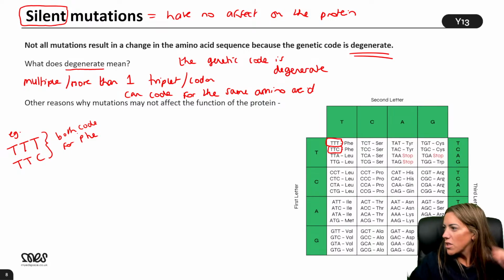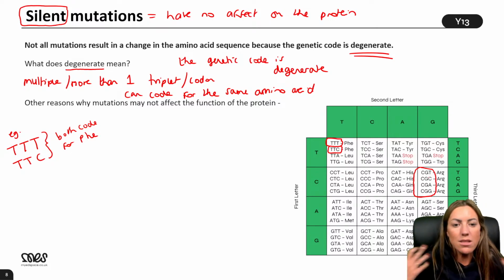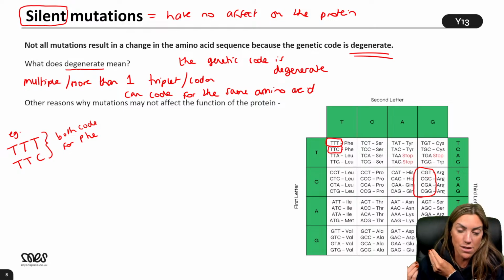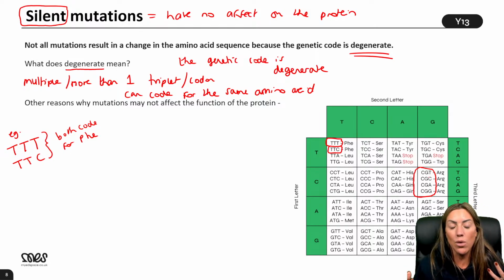Doesn't matter. There's some, like, look here, look at arginine. CGT, CGC, CGA, CGG. Any of those, if any of those were substituted, it would still code for arginine. So because the genetic code is degenerate, you can have silent mutations. Yes, you change the base sequence, but it still codes for the same amino acid.